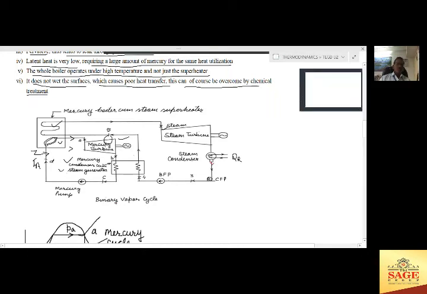It will pass through this heat exchanger, then release its heat and change its phase, and at point C we get the mercury in liquid form. With the help of the mercury pump, this liquid mercury is again supplied to the mercury boiler.